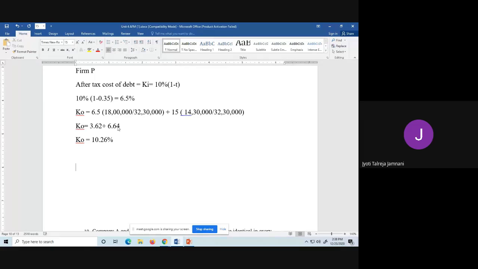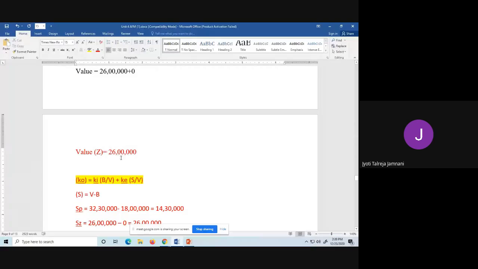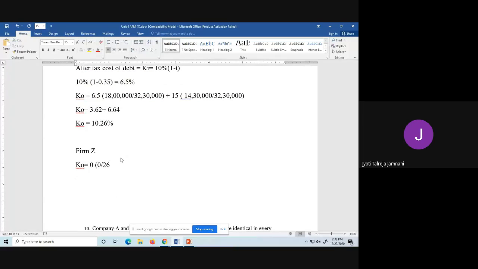Similarly, we have to do K naught for firm Z. So for firm Z, K naught is equals to, there is no debt in firm Z, so 0% interest into 0 divided by the value of the firm, which is 26 lakh for Z, plus the cost of equity 15% into value of equity 26 lakh divided by value of the firm 26 lakh.